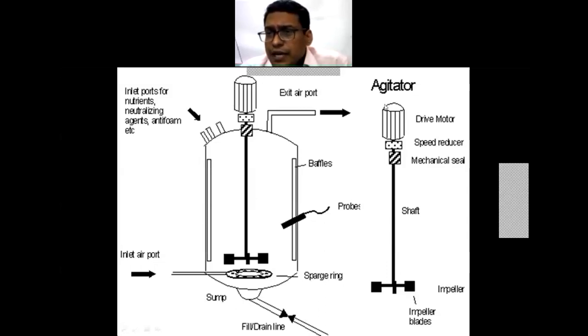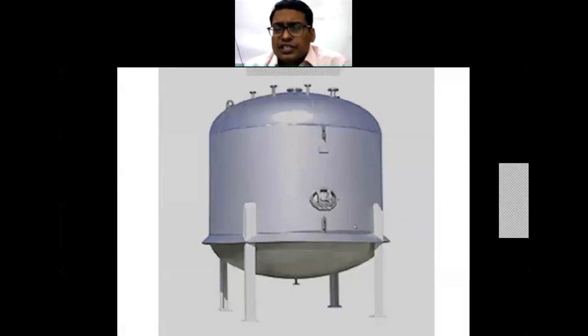So this is the separate assembly of an agitator: the driving motor, speed reduction, mechanical seal, shaft and the impeller blades. This is the basic requirement of a basic assembly of an agitator. Then this is the industrial scale vessel which you can see. To this vessel the drain will be provided.